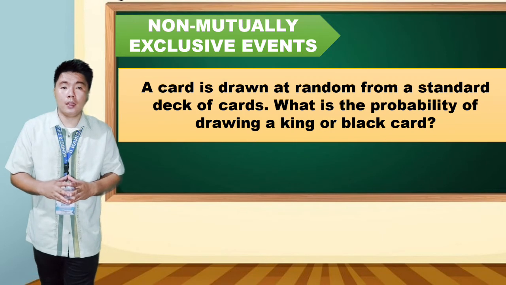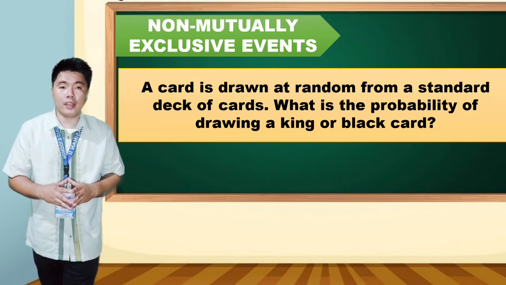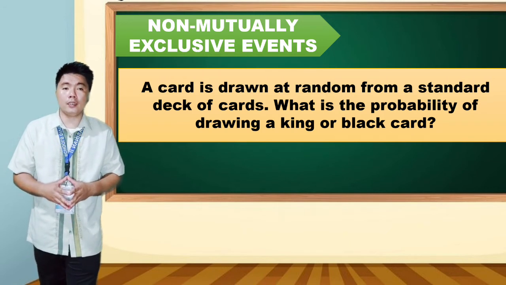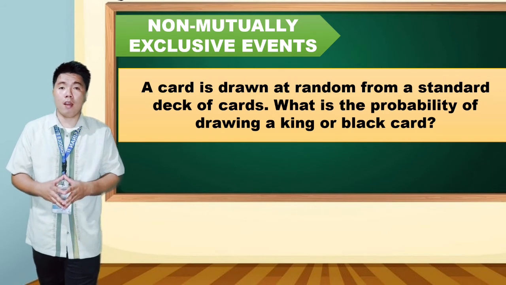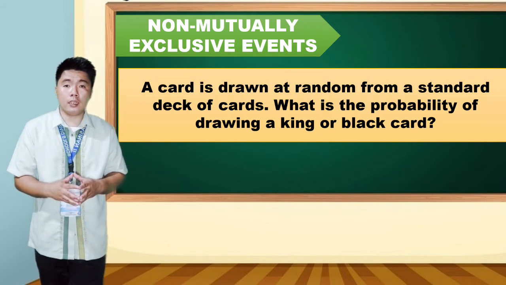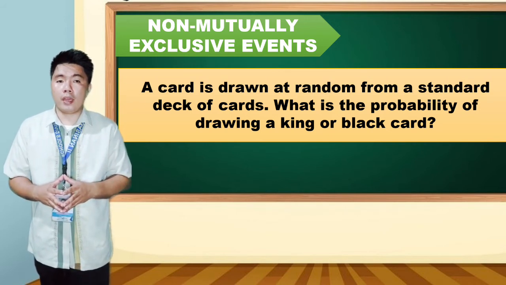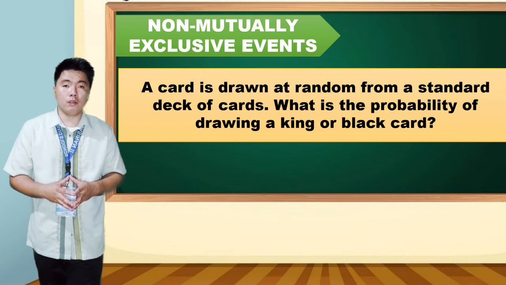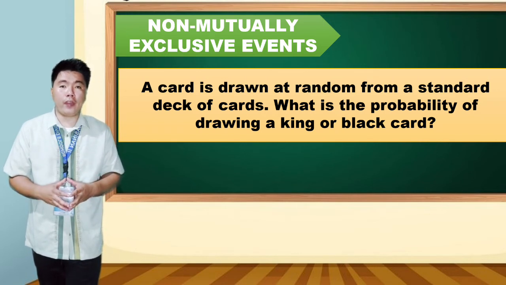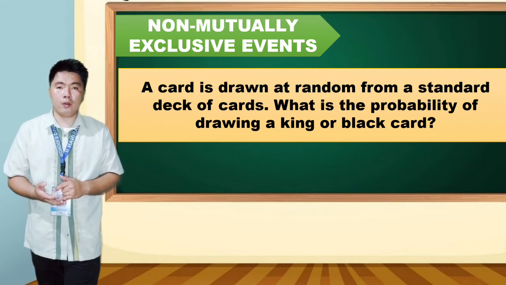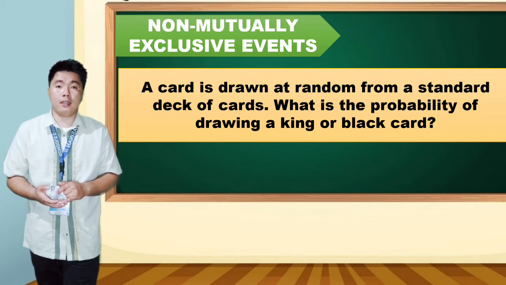So for example, a card is drawn at random from a standard deck of cards. What is the probability of drawing a king or a black card? On this problem, we have the formula probability of A or B, which is equal to probability of A plus probability of B minus the probability of A intersection B. Again, for event A, we have the probability of a king, and for B, the probability that the card is black.